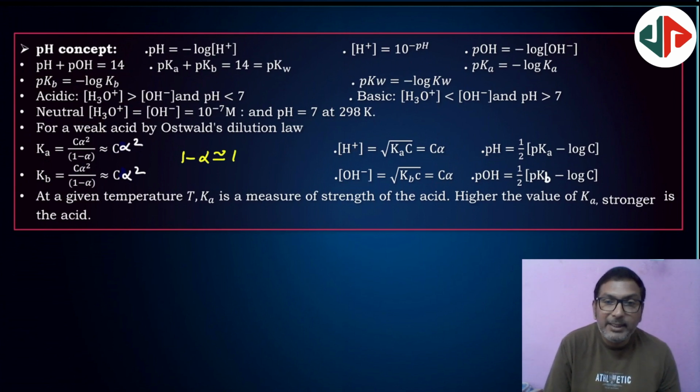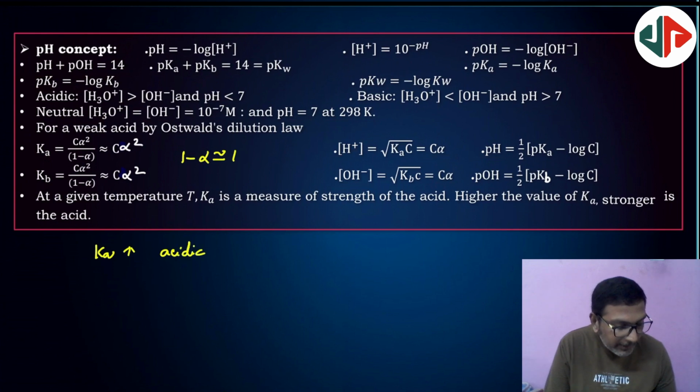So higher the value of Ka, stronger is the acid. That means we will write here: as the Ka value increases, acidic nature, that means acidic strength, also increases. As pKa decreases, acidic nature increases.